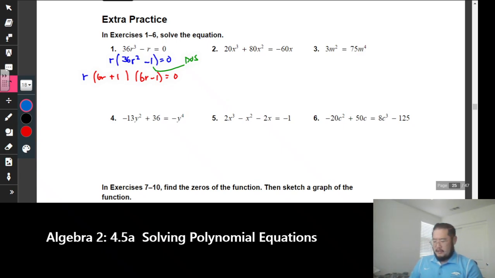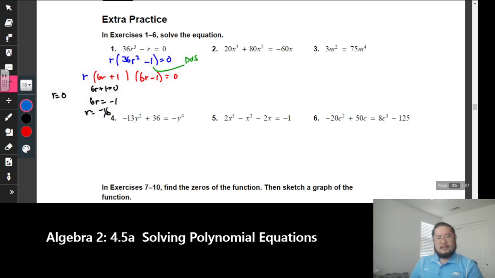So let's go ahead and get our solutions, and it looks like we have 3 solutions right here. Don't forget, the first one is this r. Even though it's out there by itself, set it equal to 0, and there's one solution. You take the 6r plus 1, set it equal to 0. 6r is equal to negative 1, r is equal to negative 1 over 6.